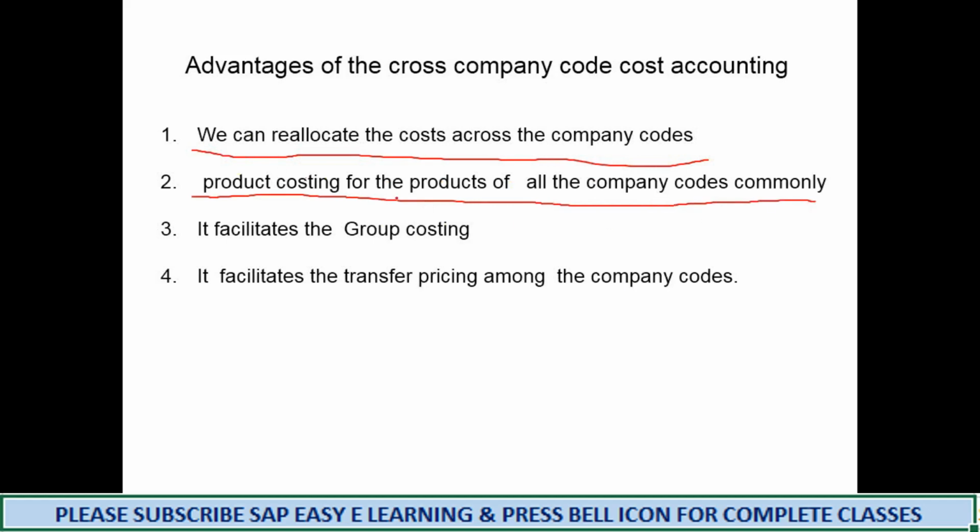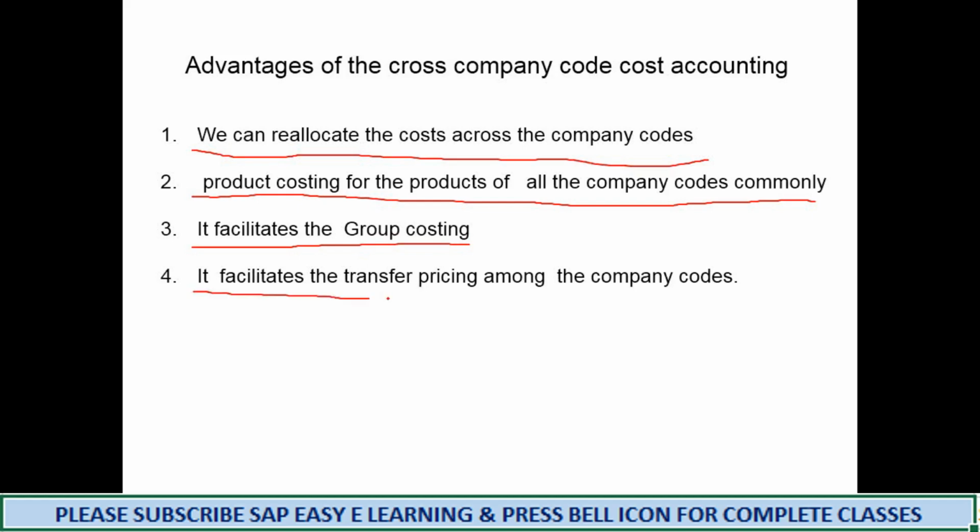Meaning suppose both the company codes are producing the same products, in that case the product costing becomes easy. Then it facilitates group costing. Here group costing means group valuation. Suppose you have two company codes, both in the same nature of business, then you can find out the cost of production at the group level. That is called group costing.